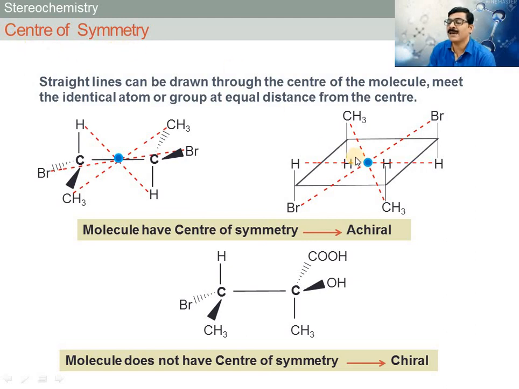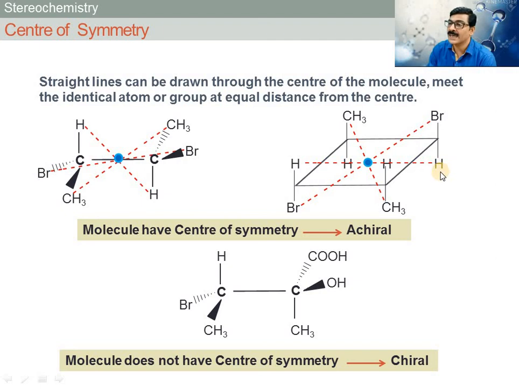Again, in the second example, if you draw three straight lines from the center, on one straight line an identical CH3 group is obtained. On the second straight line, bromine, means Br, identical group is obtained. Then on the third straight line, hydrogen will be obtained.